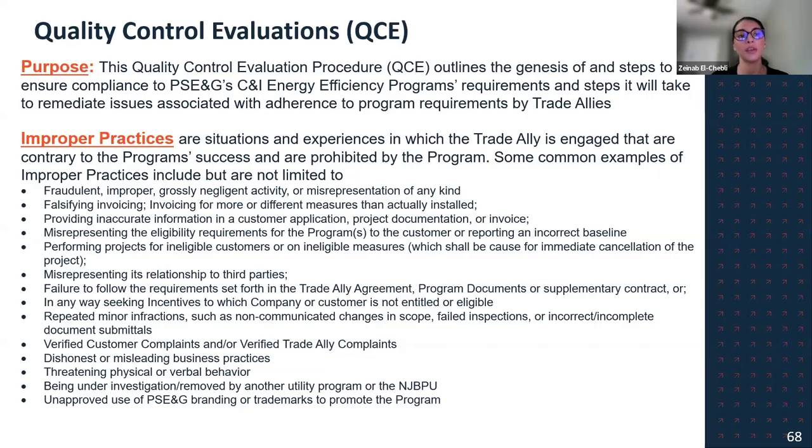Some of the common improper practices are all listed, included but not limited to the following. We're just going to discuss a few of these, but please follow along and read them through.